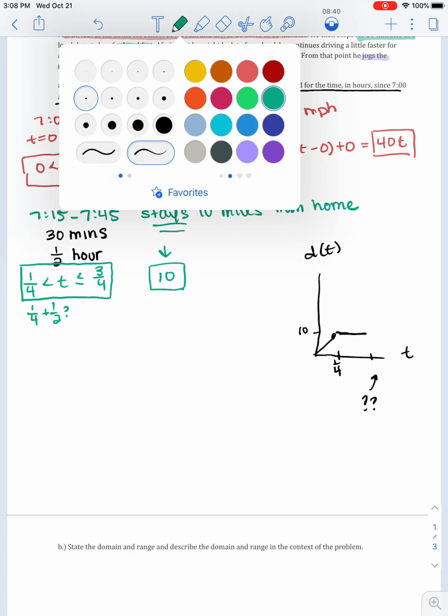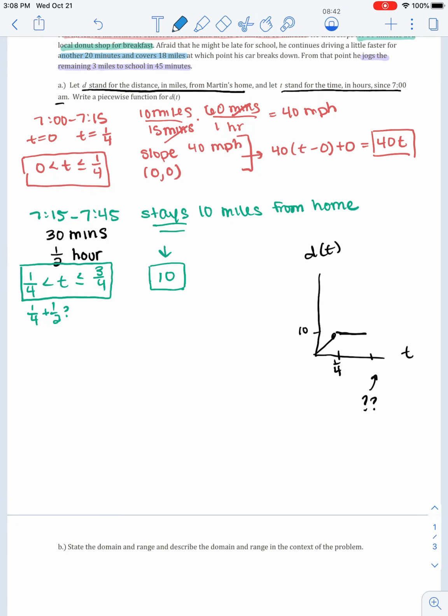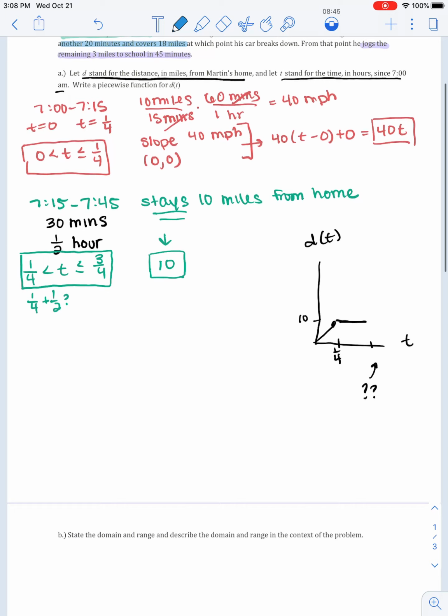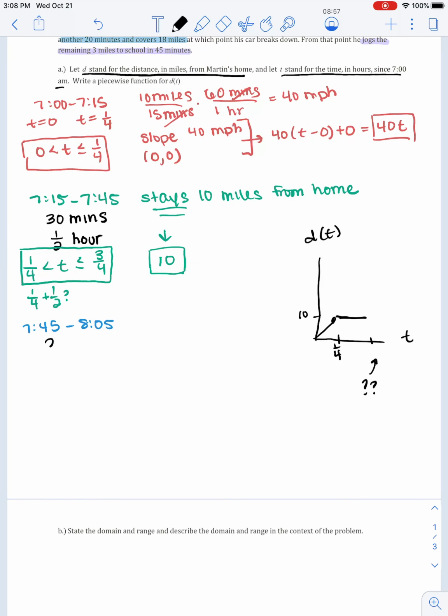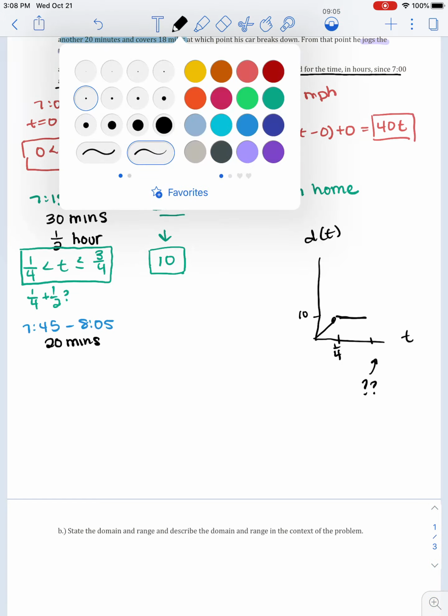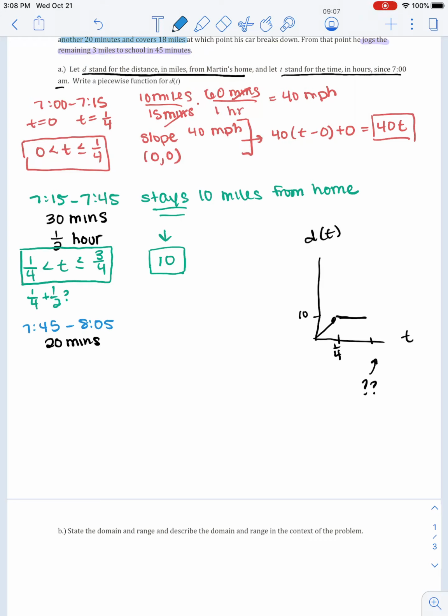Then we see in our scenario that now he's got to make up for lost time. So from 7:45 up until 8:05, that would be the next chunk of time, the 20 minutes. For 20 minutes, he's traveling at a different rate. It says in 20 minutes, he goes 18 miles.